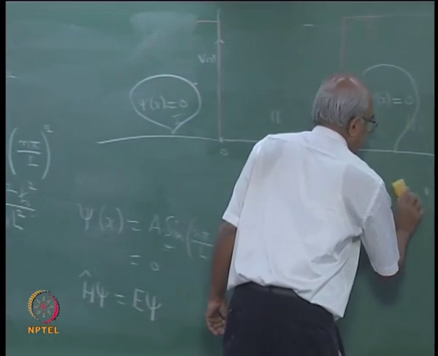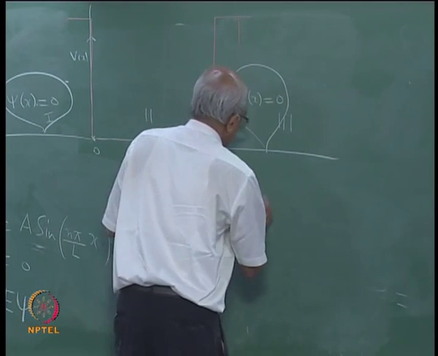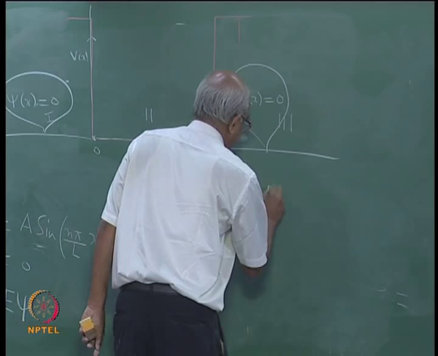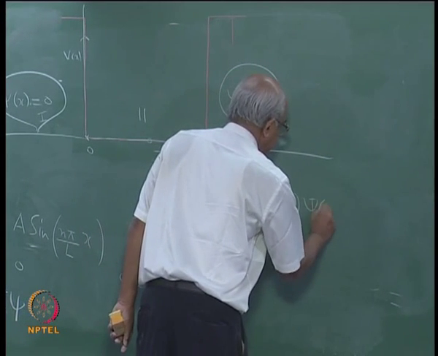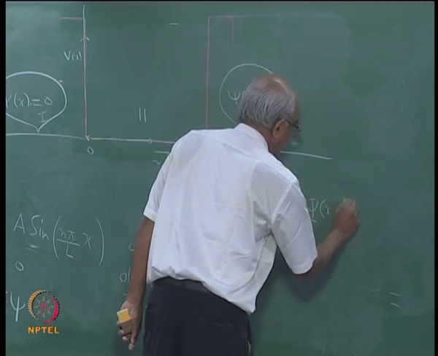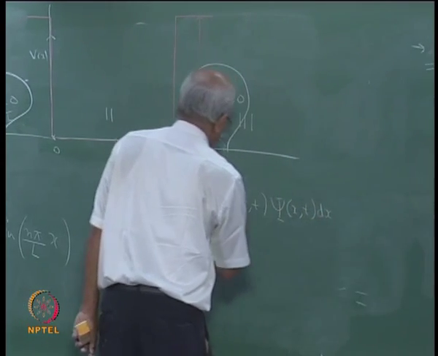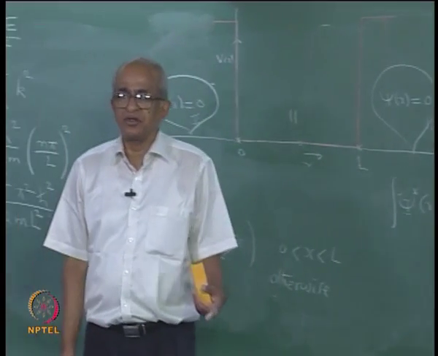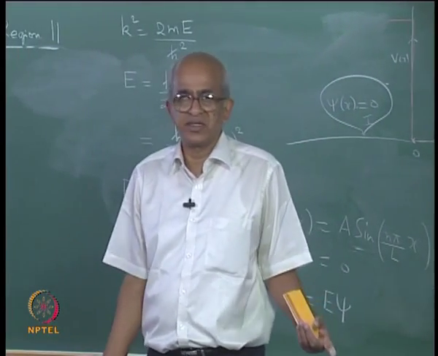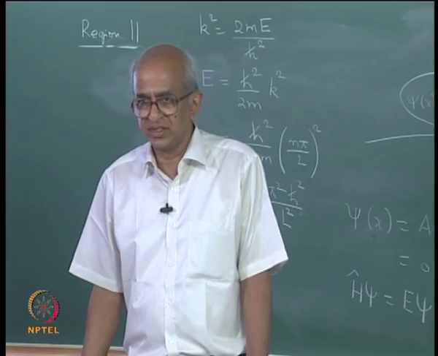Strictly speaking, what I have to think of is capital psi. This object when integrated from minus infinity to plus infinity, the answer should be 1, that is the normalization condition.